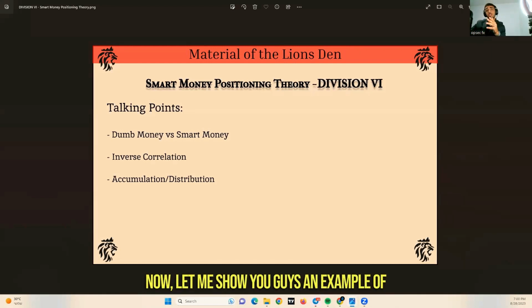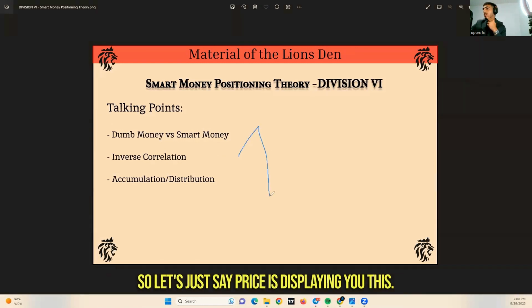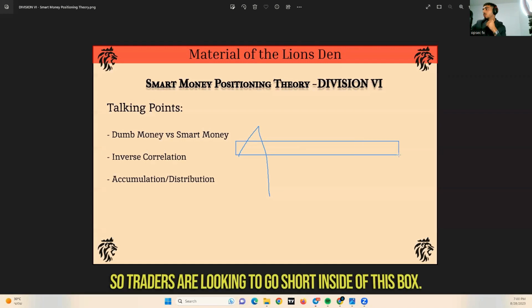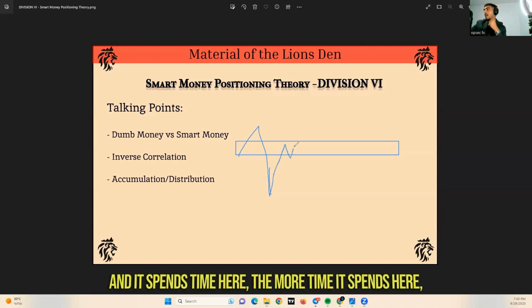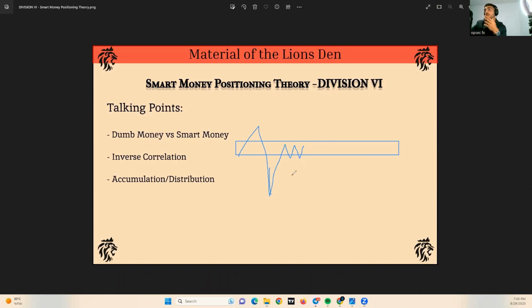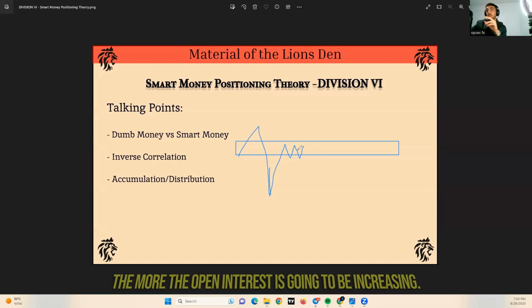Now, let me show you guys an example of how that would look in price. Let's just say price is displaying this, and this is the optimal trade entry. So traders are looking to go short inside of this box. If price now goes up to here, and it spends time here, the more time it spends here, the more the open interest is going to be increasing.